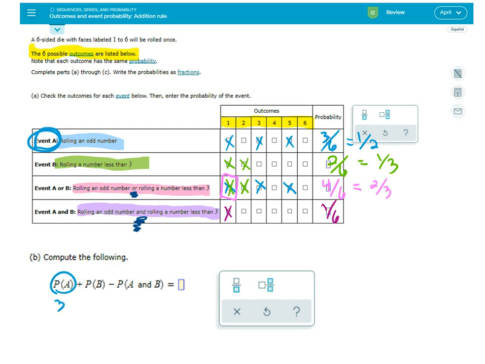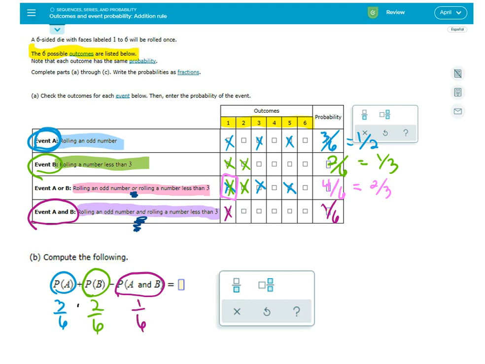Okay, so back up here, event A was right here, and I'm just going to leave it with the same denominator because everybody else has that denominator. That was 3/6. And then event B was a number less than 3, so the probability of the green one was 2/6. And then we've got the probability of A and B, and that for my table was 1/6.